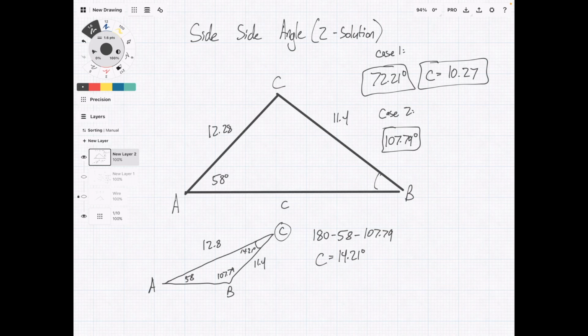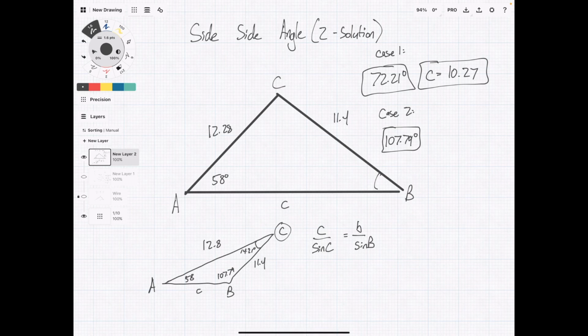Now we want to find C, the side length. So we're going to do C over sine of C equals B over sine of B. So I'm using these two values and then the one that we're looking for.